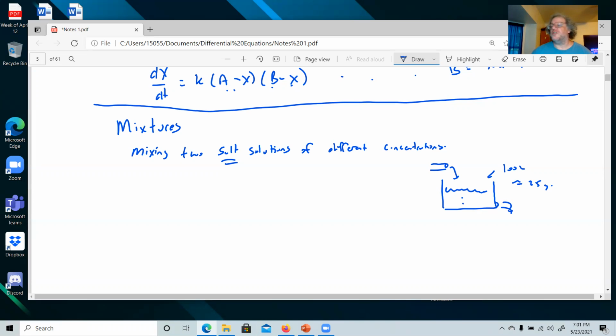As soon as we start changing, maybe it could drain faster or slower, things get kind of tough. But this is the beginning part, so we're going to keep this the same. So inflow and outflow are the same for this case. The assumption they always make here is that it's well mixed.